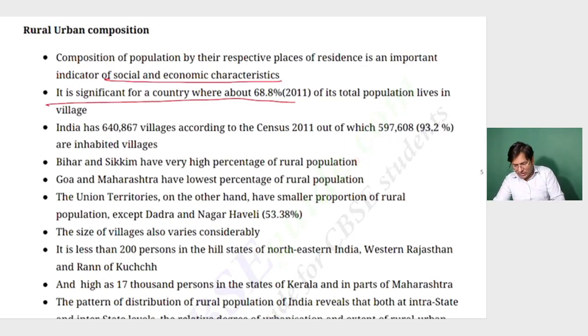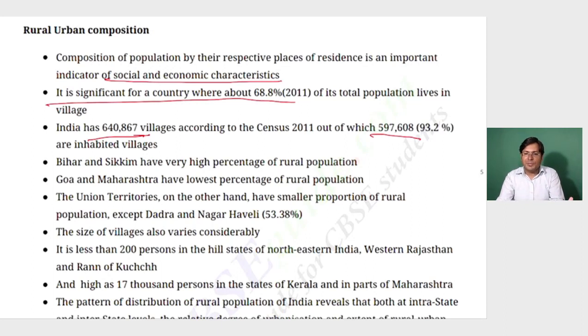That's why there are around 6,40,867 villages according to the census of 2011, and out of them 5,97,068 villages are inhabited villages, meaning people live in them.